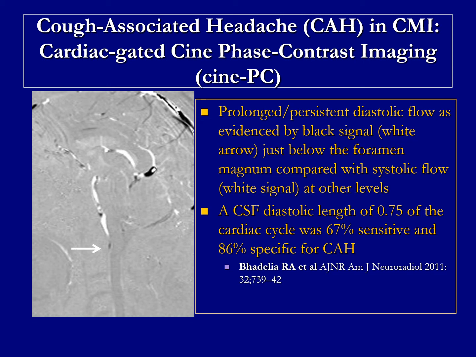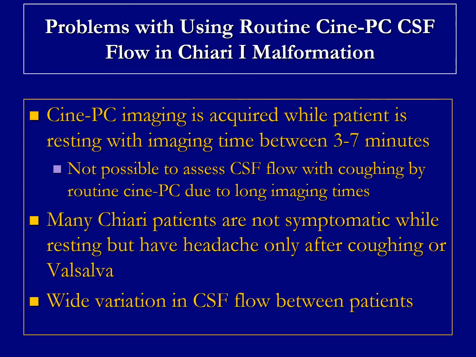When you are able to see bidirectional flow just below the level of foramen magnum, like a color of black while everything is white or flowing downwards, that would give us an idea that this person could have a typical cough-associated headache. However, again, the sensitivity is not that high, although there was a reasonable specificity for that of 86%.